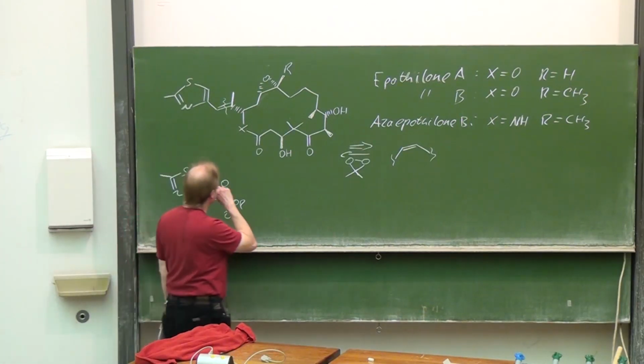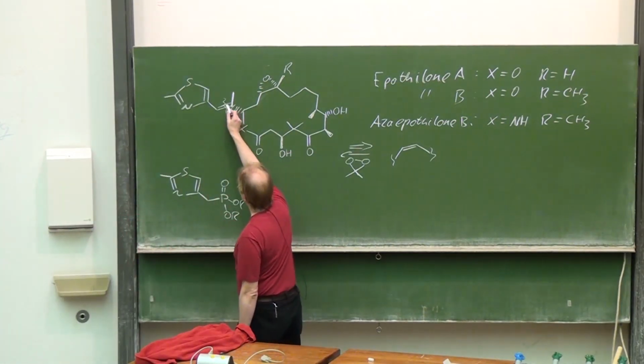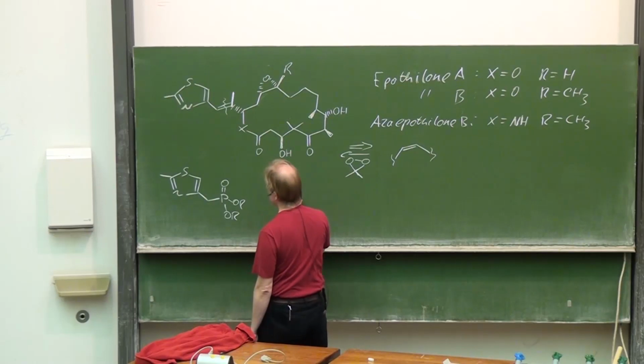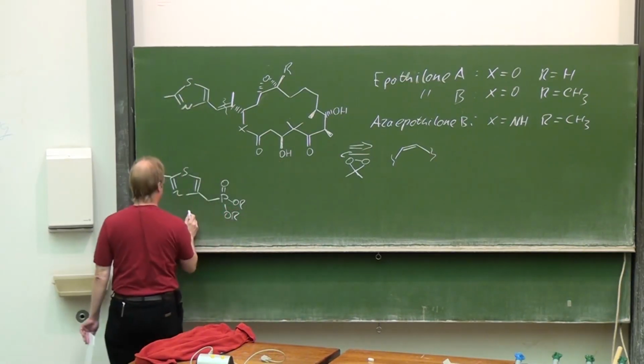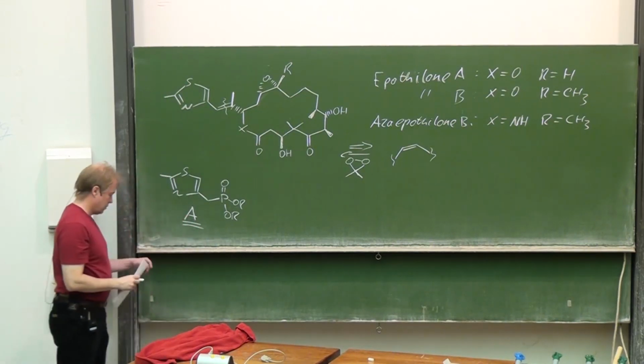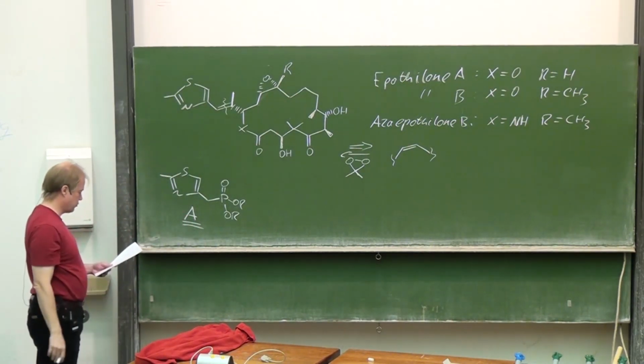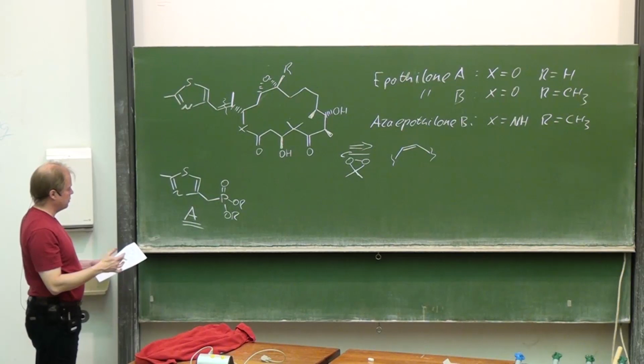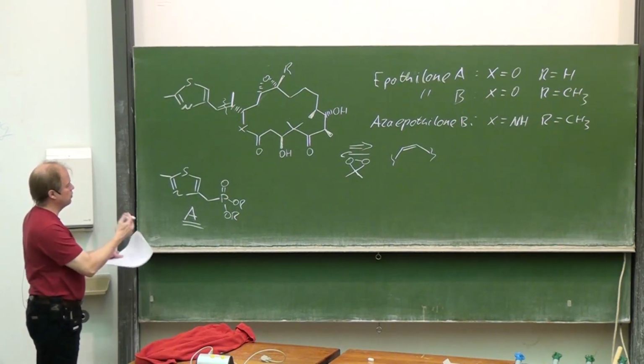On the other hand, here we need a carbonyl group. So let's call that partial structure A, or synthesis component A.